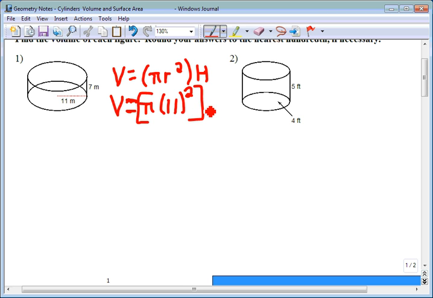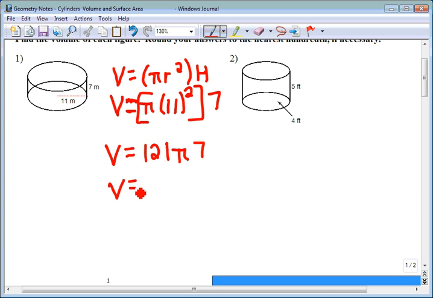And the height of our entire cylinder is 7. So 11 squared is 121. We have our pi. We still have times 7.